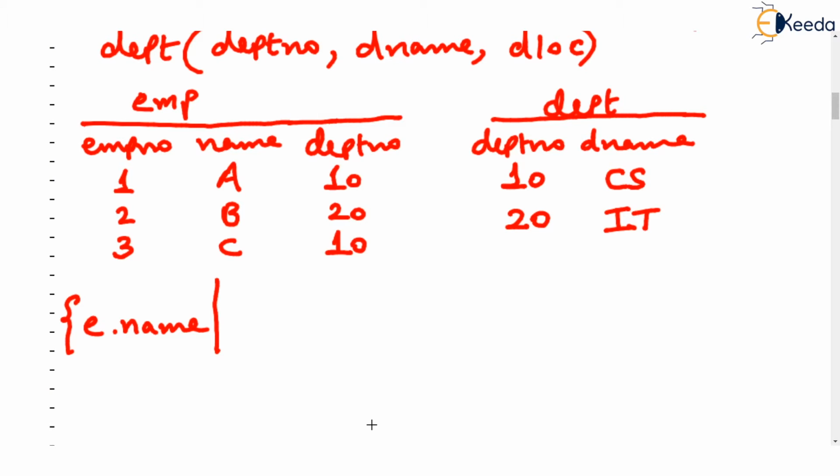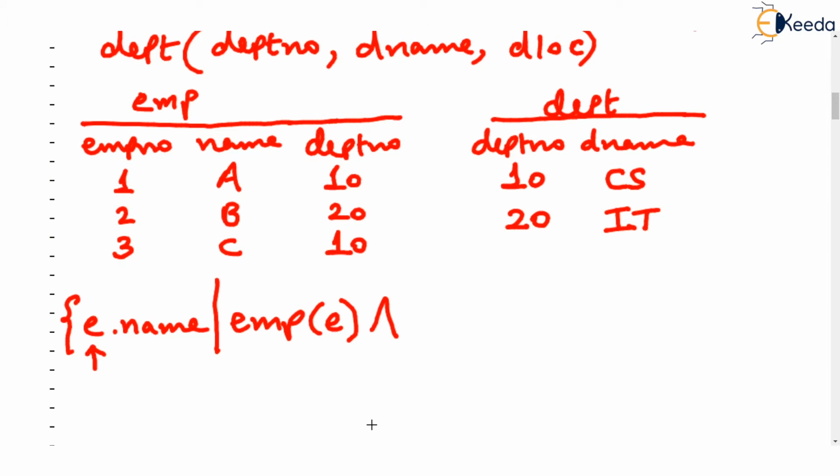So first of all, let us announce who is this E. This E is a tuple variable which will range over employee relation, and this should be true. What else should be true is that there must exist a department whose name is CS, first of all. We will have to get that first.